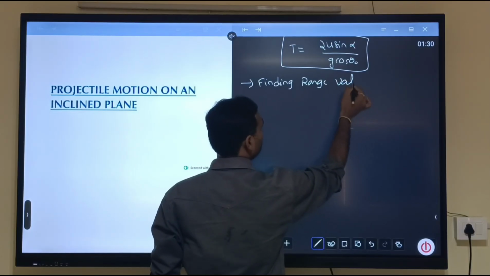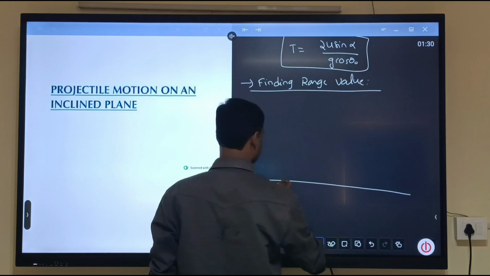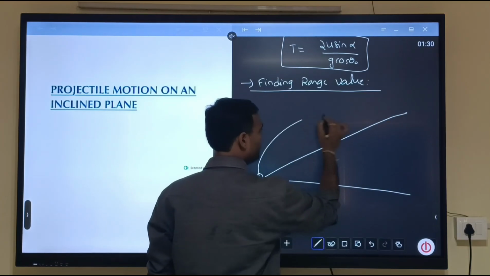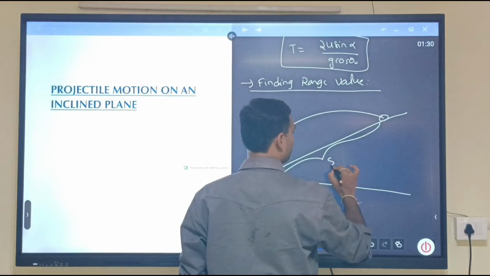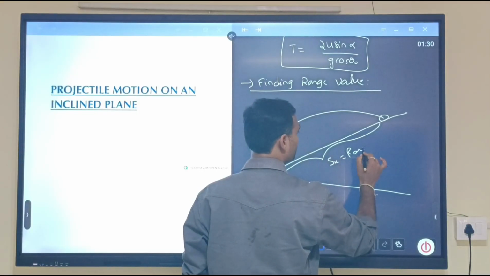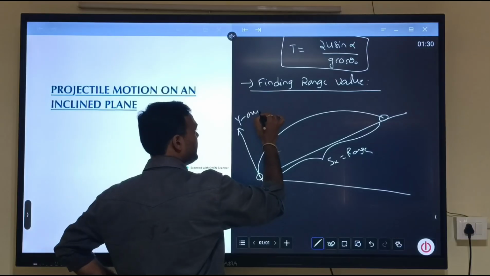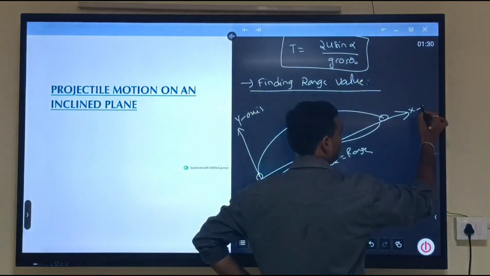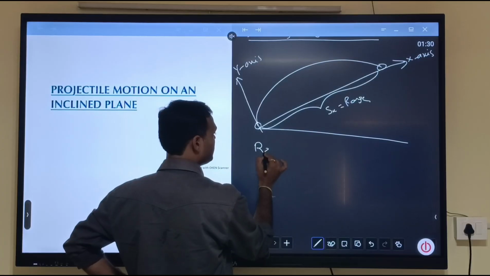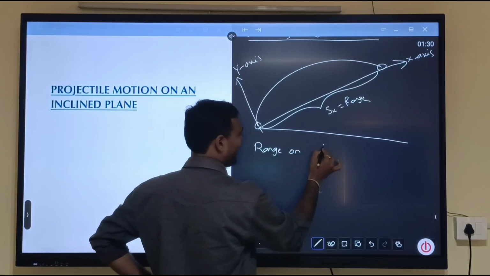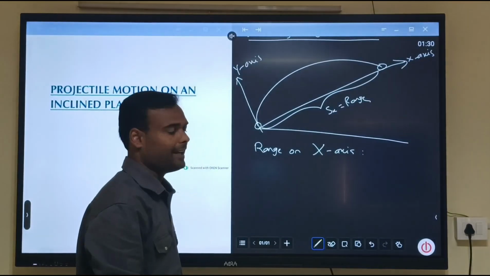Now, next point, let us see, find the range value. And see here, range from here to here. How much will be the distance, that is Sx or range value? And obviously, this will be my capital Y axis and this will be my capital X axis. Alright. Now, range on capital X axis.